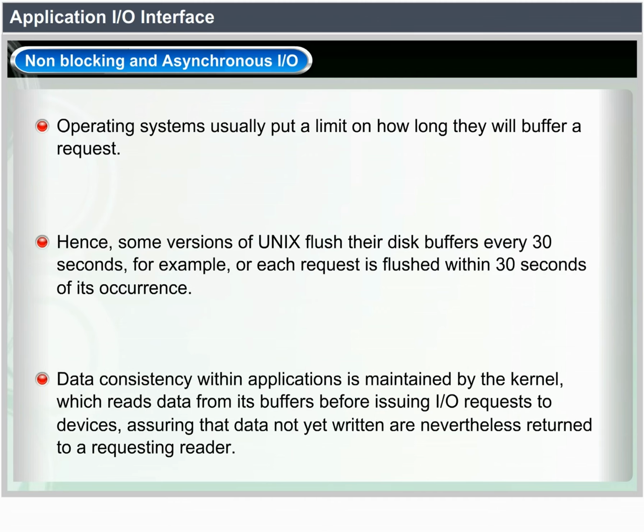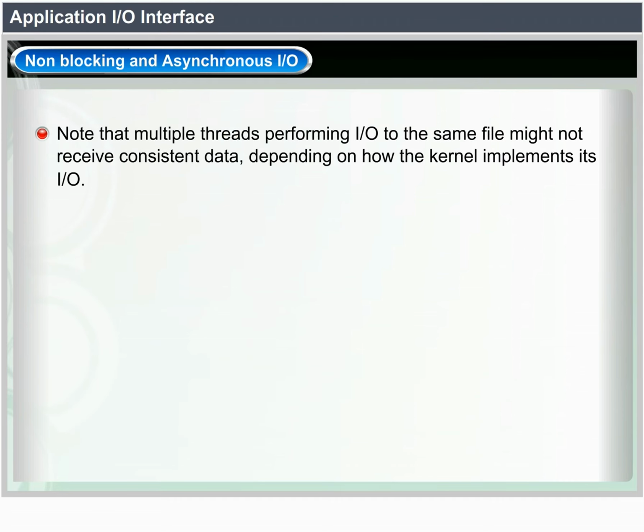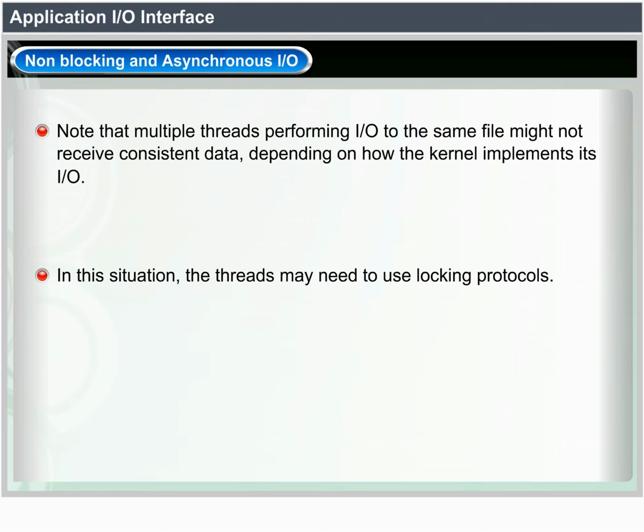Data consistency within applications is maintained by the kernel, which reads data from its buffers before issuing input-output requests to devices, assuring that data not yet written are nevertheless returned to a requesting reader. Note that multiple threads performing input-output to the same file might not receive consistent data depending on how the kernel implements its input-output. In this situation, the threads may need to use locking protocols.